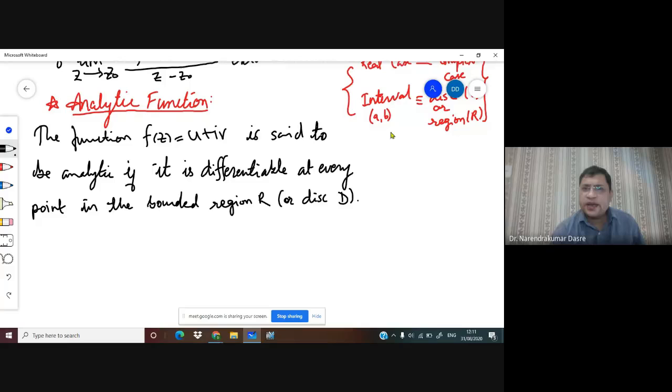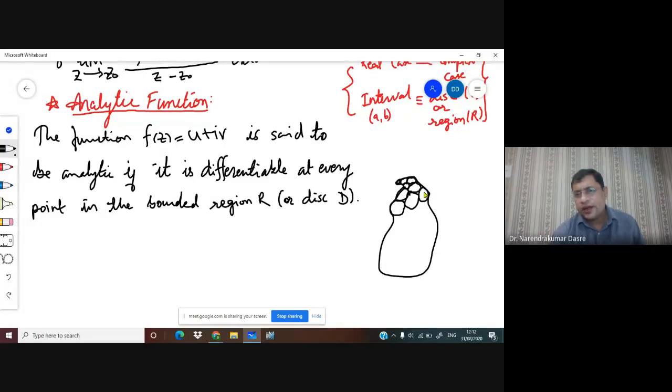As I said, the interval in the real case now becomes the disk or the region. So when I say bounded region, I can have any bounded region. Then with this D, I can choose a number of disks with any small radius, and fill this region.